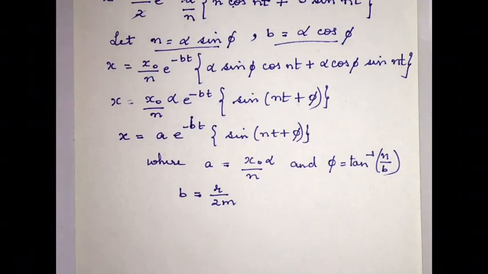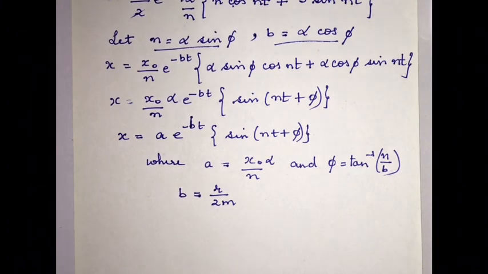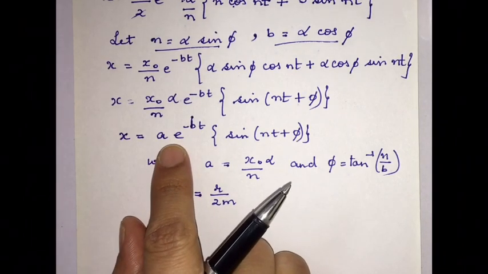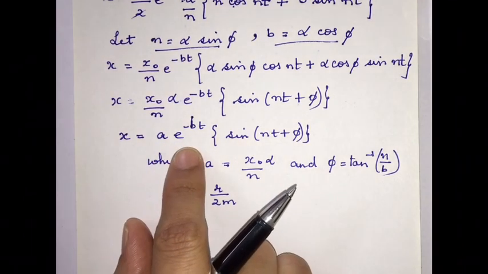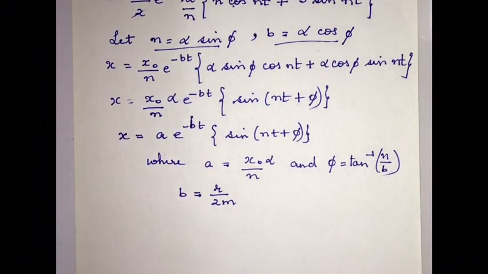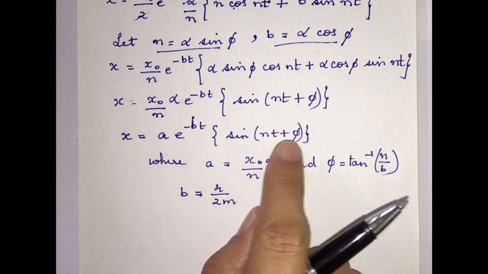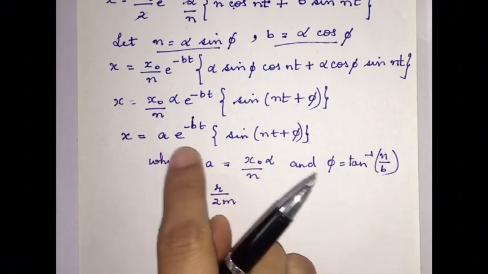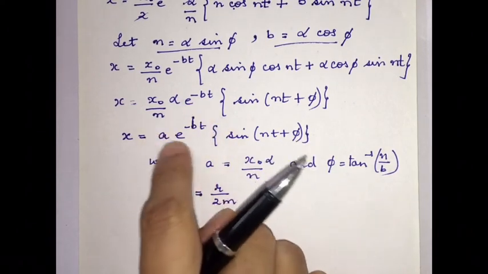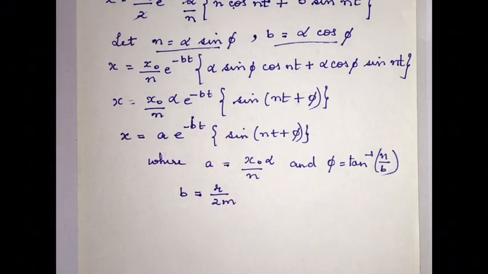Now since the coefficient of the phase term always represents the amplitude in any equation for vibratory motion, a e power minus bt in this equation is the amplitude of vibration of the body. So this is of the form x is equal to a sin theta. If I compare that, this portion gives the amplitude of the vibration of the body.